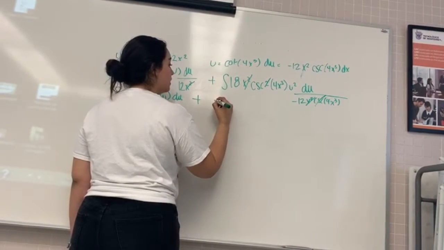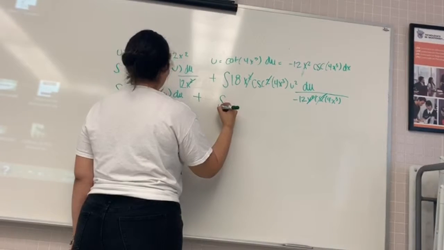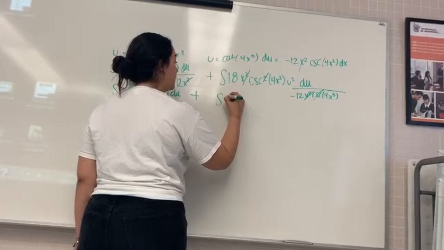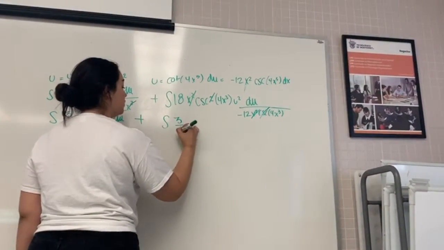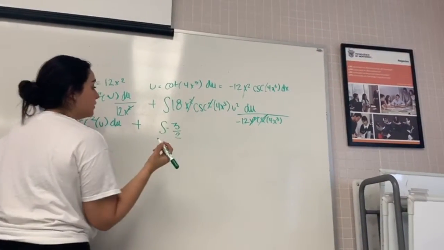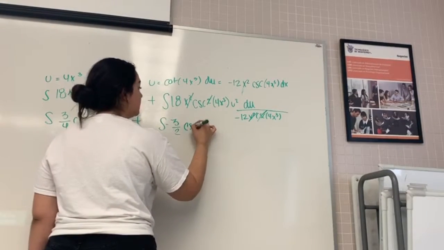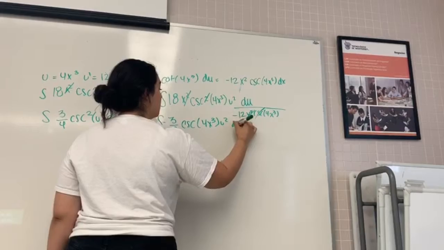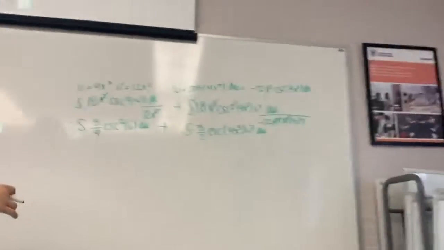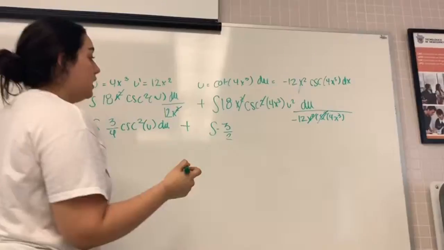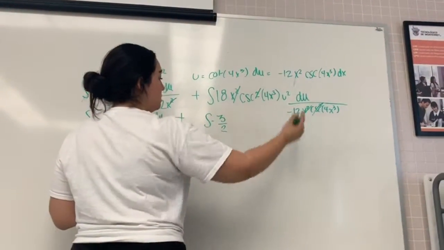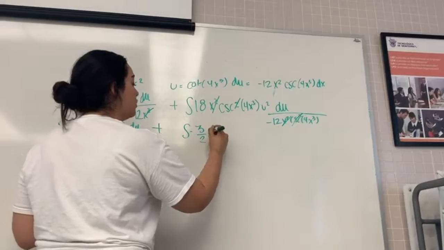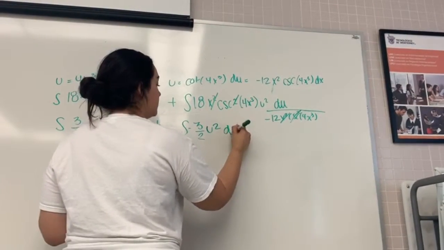So then you get negative 3/2 u squared du.